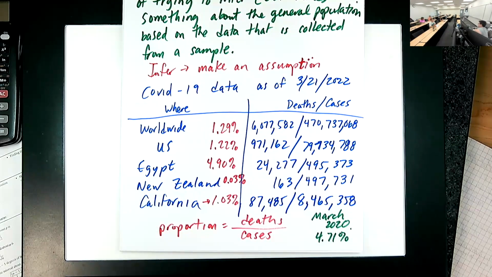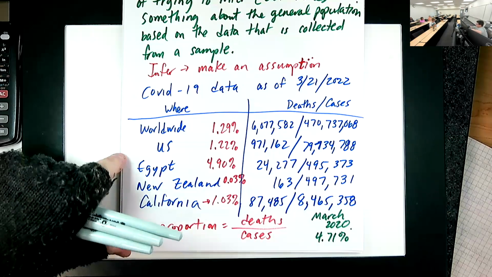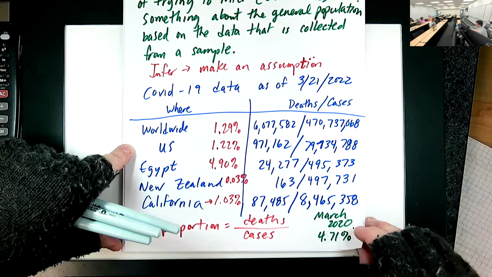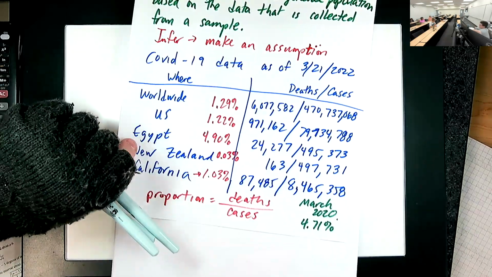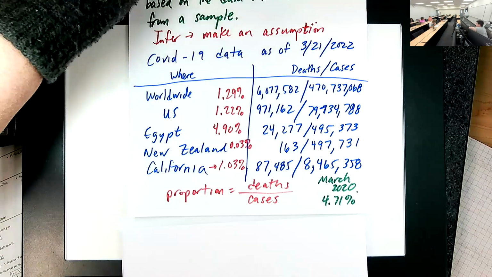Two years later, after we started doing vaccines, and the effect of natural immunity is part of it, the death rate came way down. So each sample has a different proportion. I think you got all that written down. So next page. Each sample has a different proportion.